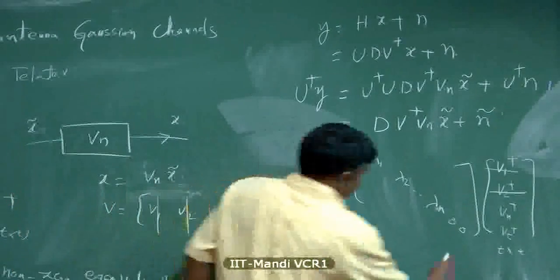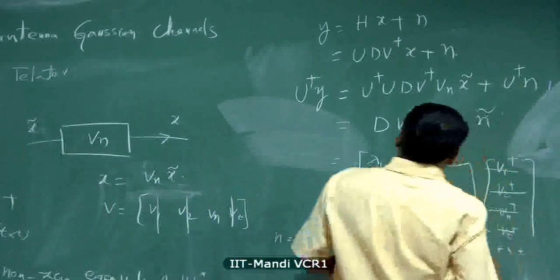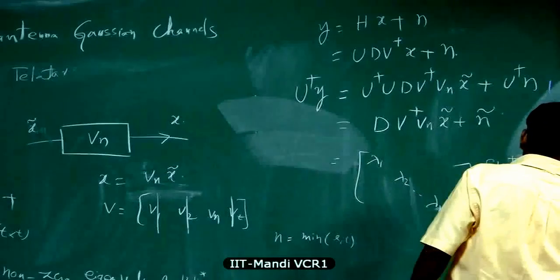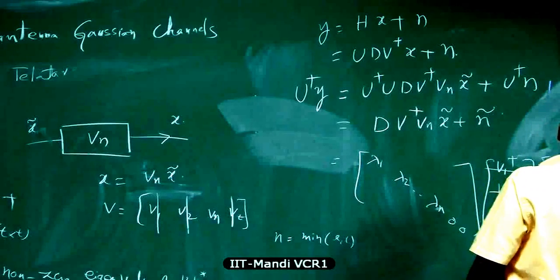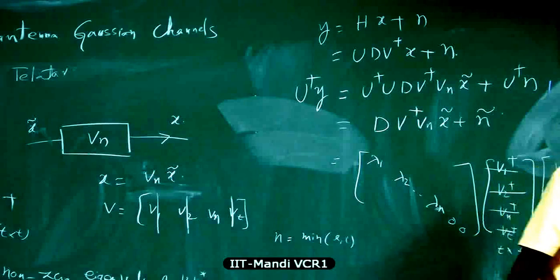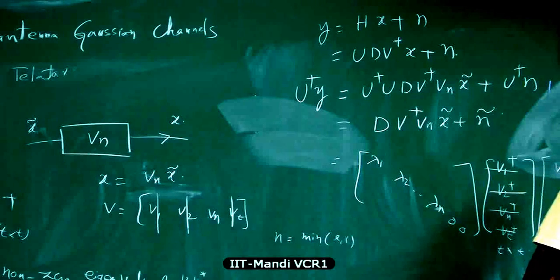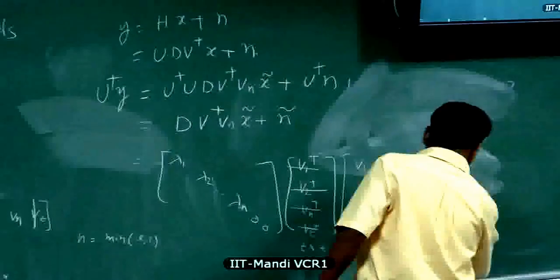These are the rows. Well, Vn is V1, V2 up till Vn, and then x tilde is x tilde 1, x tilde 2 up till x tilde n.